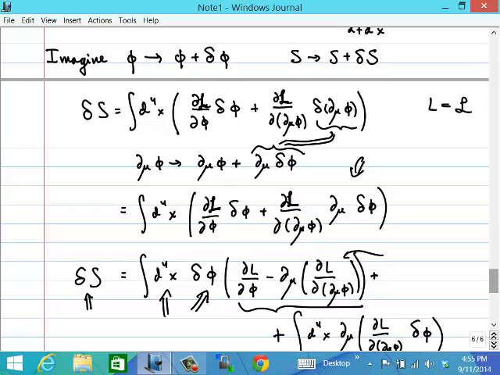If phi goes to phi plus delta phi, then how does the derivative of phi change? Well, the derivative of phi goes to the derivative of phi plus the derivative of delta phi. Okay. So when we say delta of d phi, we mean the amount that d phi changes when we do this small variation of phi. Okay. But if the coordinates also change?